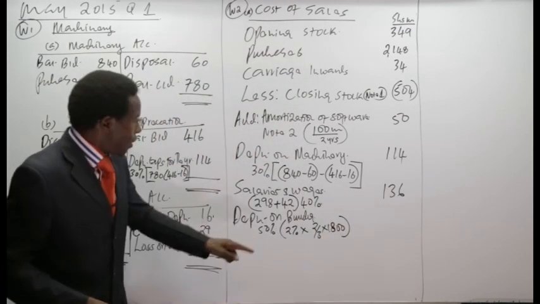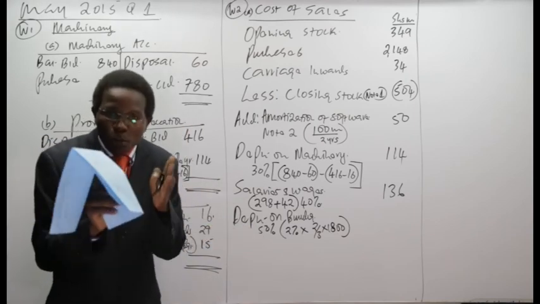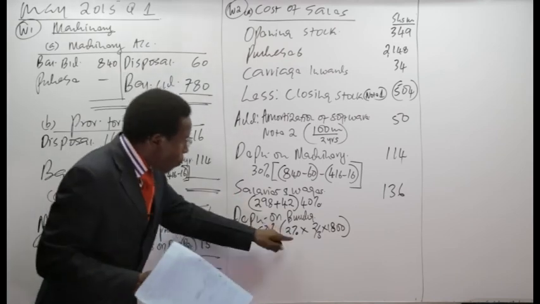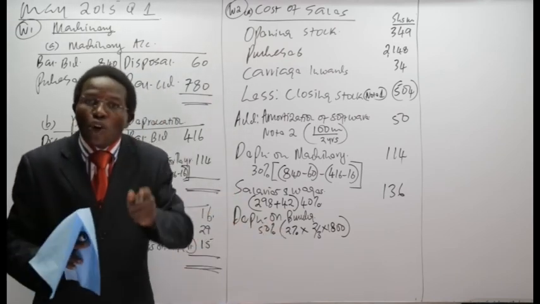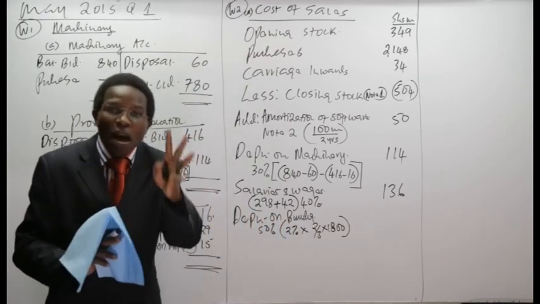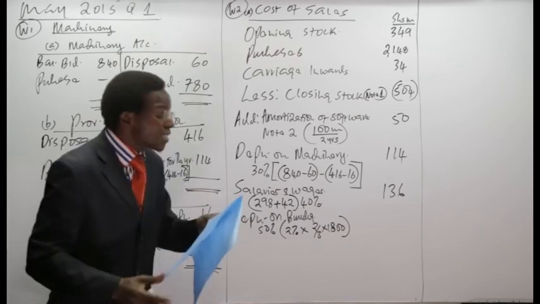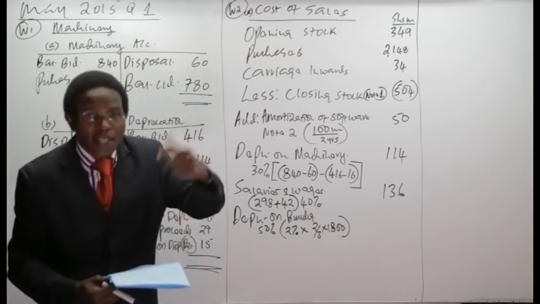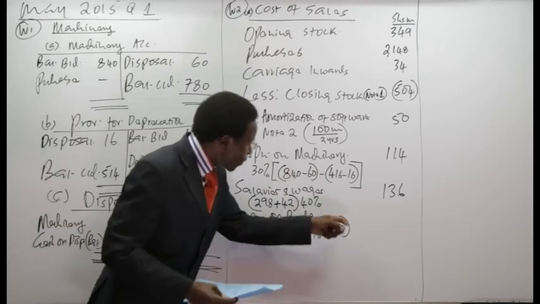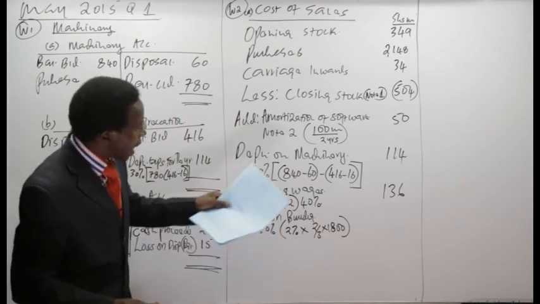Remember, the 50% is the portion of depreciation expense of buildings to be recognized under cost of sales. 2% is the depreciation rate on buildings alone. 2/3 is the value of buildings alone because the total land and buildings is 1,800. 1/3 is the land, definitely 2/3 is the buildings. So you take the 2/3 of 1,800 and then 2%.